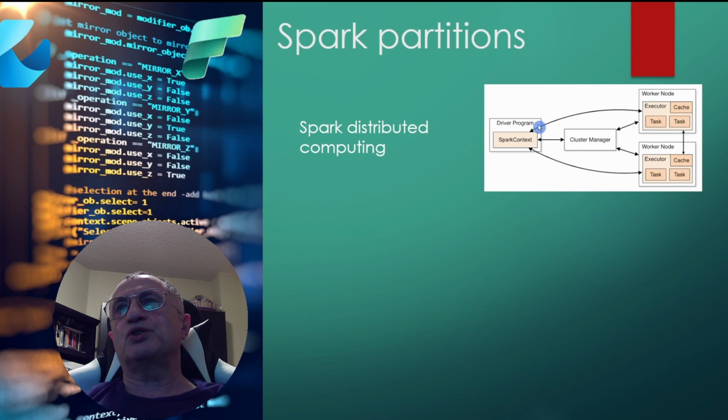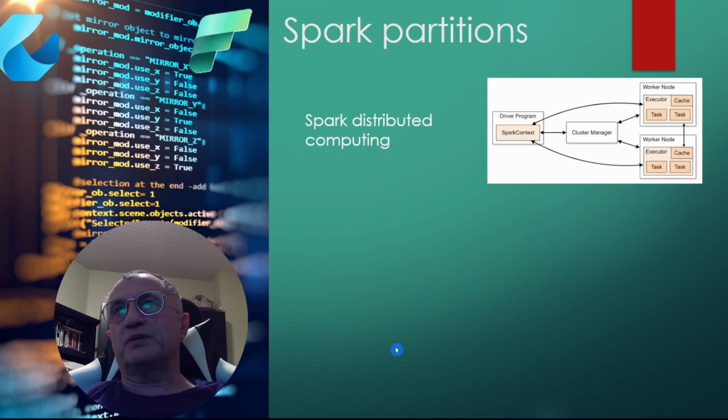It distributes the tasks between worker nodes. You may have one or more worker nodes depending on the size of the cluster. The computing is distributed between these nodes so that your calculations are completed in the fastest possible time.